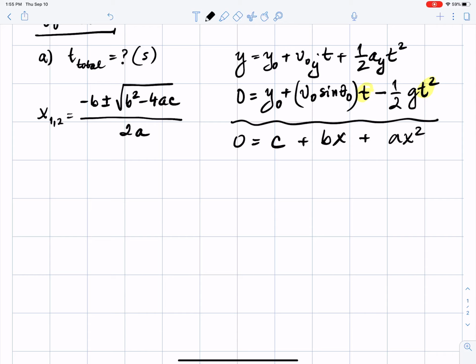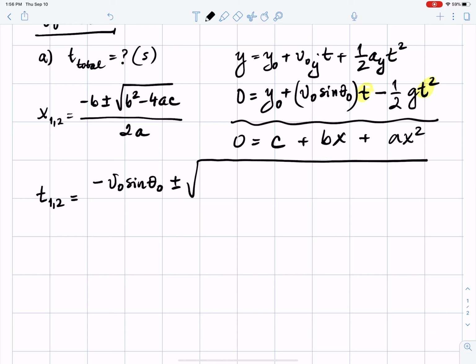So with that said, let's plug in this here. When we calculate the solutions here, they will be for time. So t12 is equal to negative b, so negative v naught sine of theta naught, plus or minus a long square root of b squared, so that will become v naught squared sine squared of theta naught, minus 4 times a, which is equal to y0, and c is equal to negative 1/2 g.